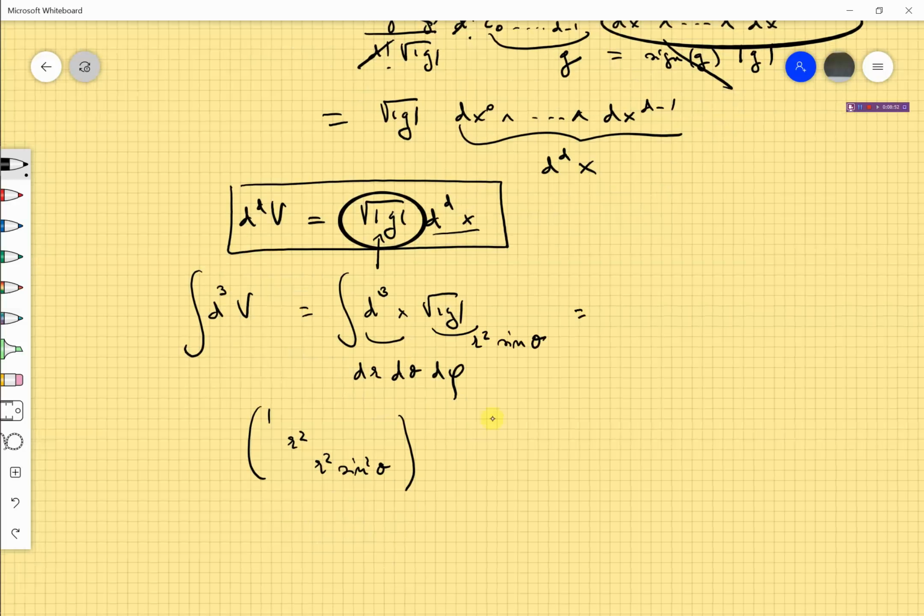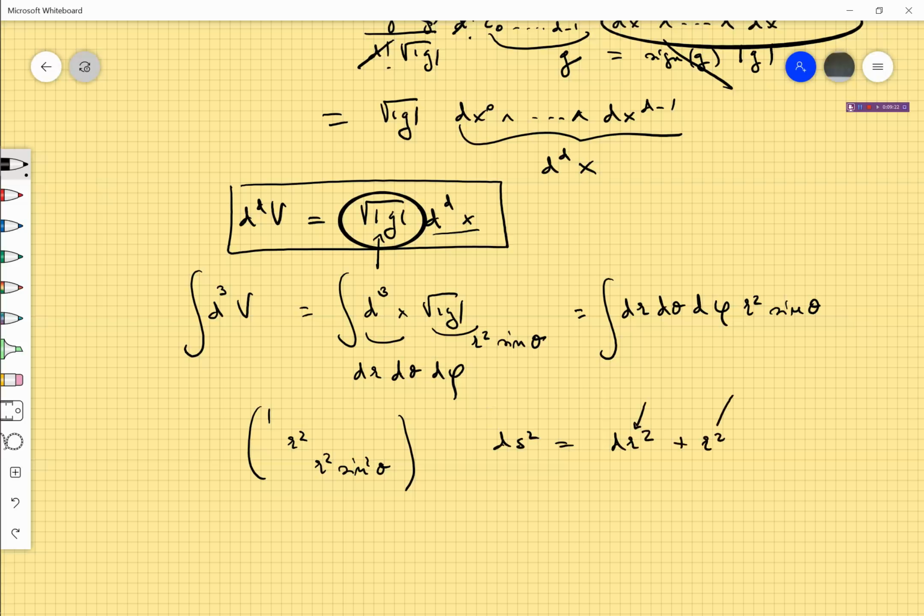And this is the form of the volume integral in spherical coordinates, as you already know, r squared sine theta. One important thing to always check is that the dimensions are right. If the metric has dimensions of length squared, which is what we have always been assuming, this is okay if r has dimensions of length, which means that the angles are dimensionless.